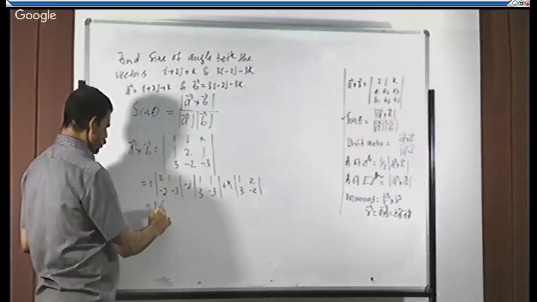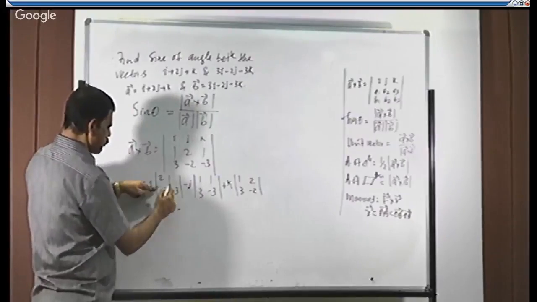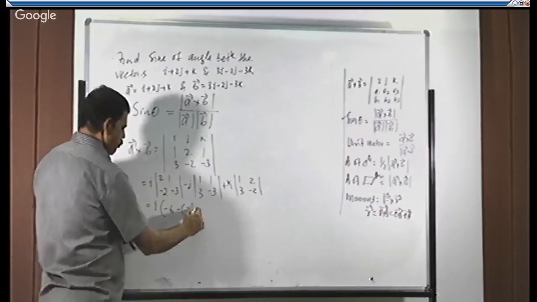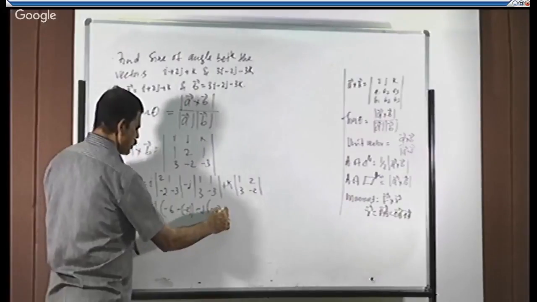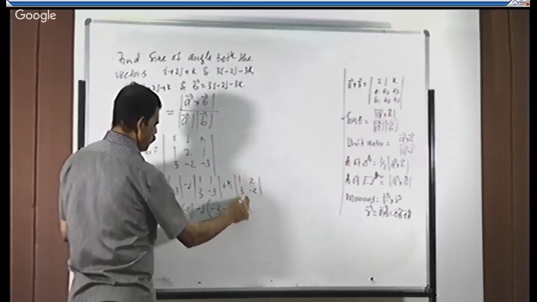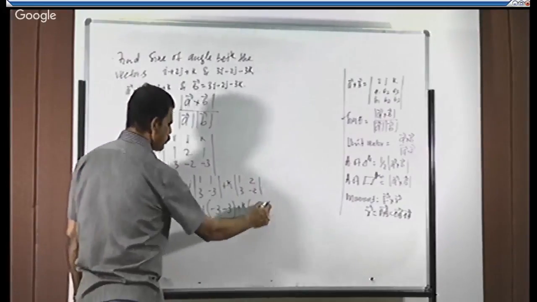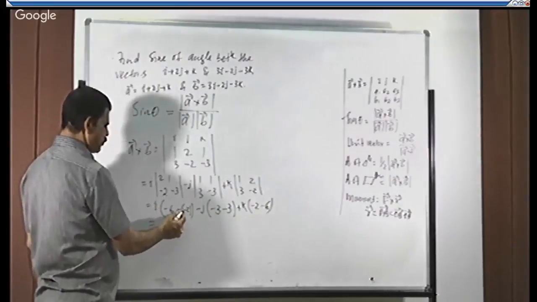Now expand it. I into 2 into minus 3, minus 6. Product of these two. Minus of 1 into minus 2, minus 2. I have taken separately. Minus of j into 1 into minus 3, minus 3. Minus 1 into 3 is 3. Plus k into 1 into minus 2, minus 2. Formula minus 3 into 2, it is 6. Finally, minus into minus is what?